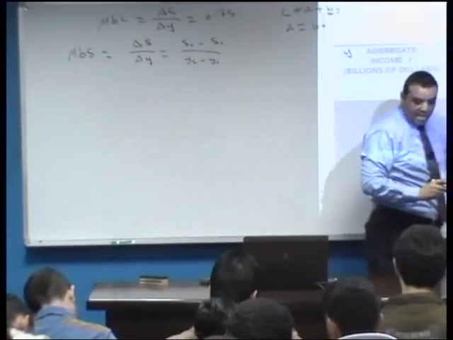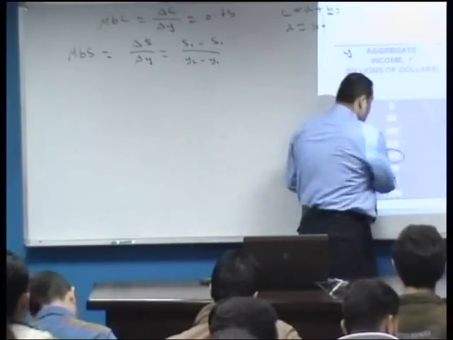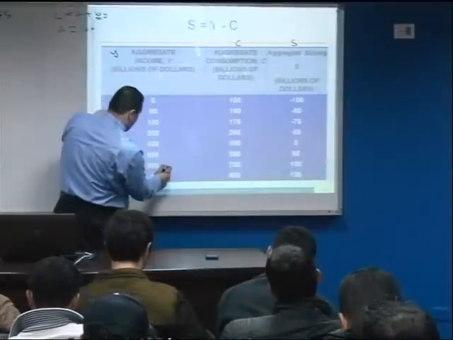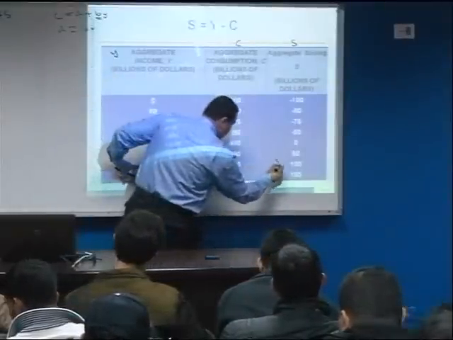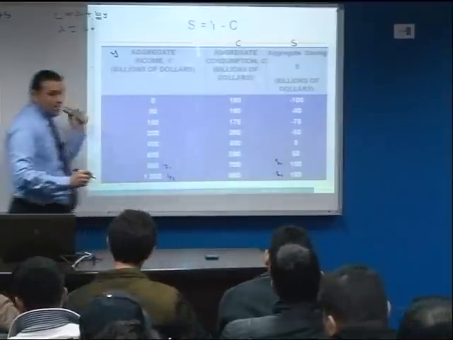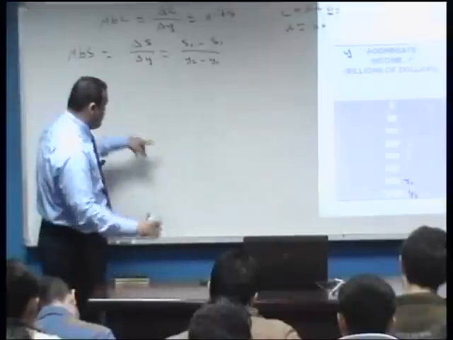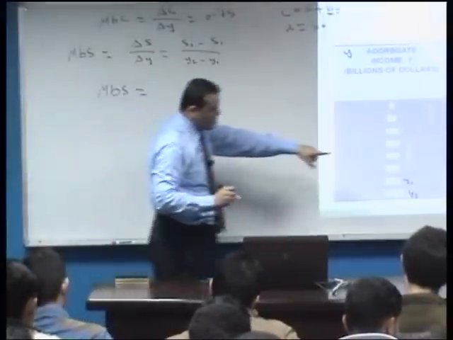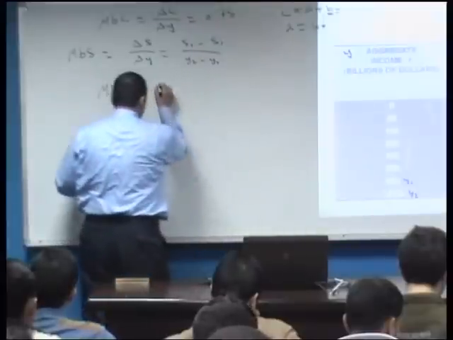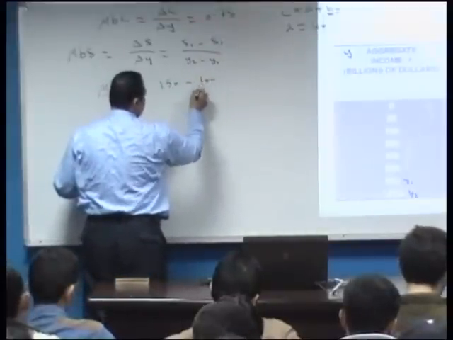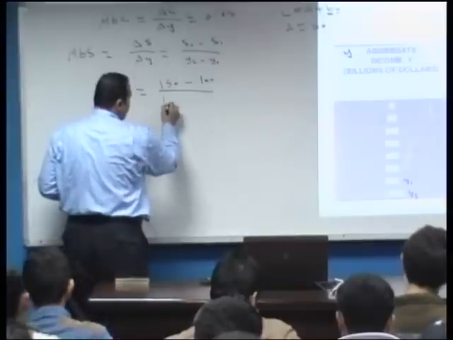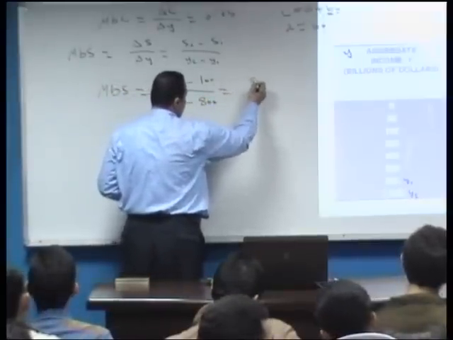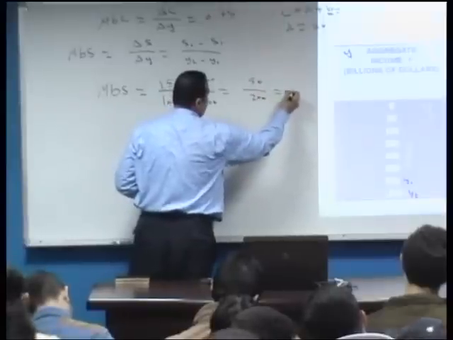Take any two cases, okay, the last two cases. This is Y1, Y2, S1, S2, and apply the formula. So MPS, the marginal propensity to save, equals S2 150 minus 100 over 1000 minus 800, equals how much? 50 over 200 equals 0.25.